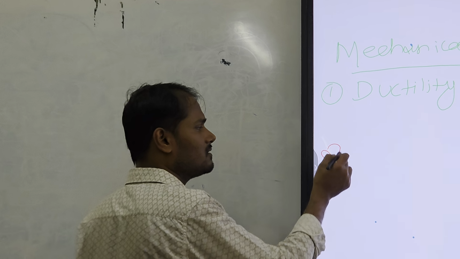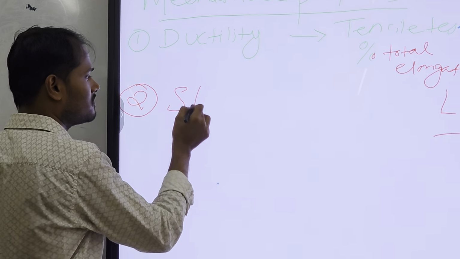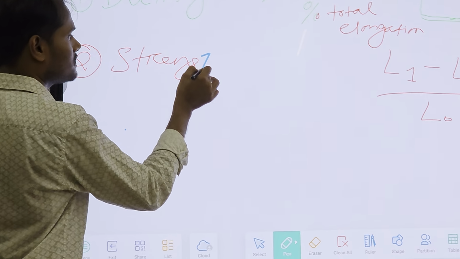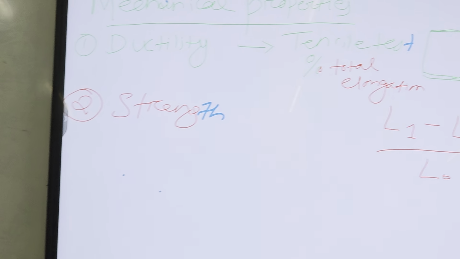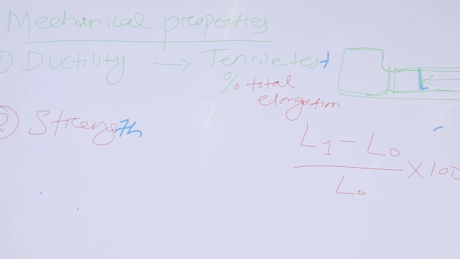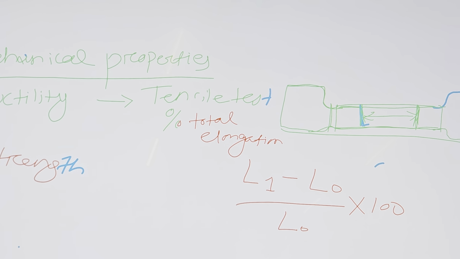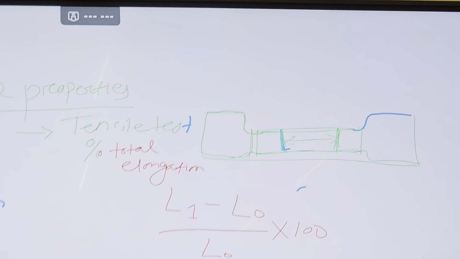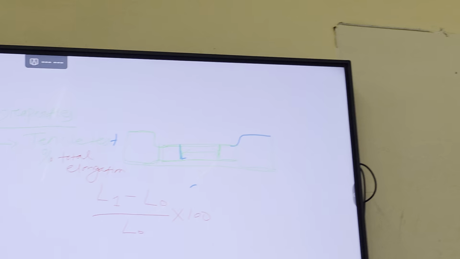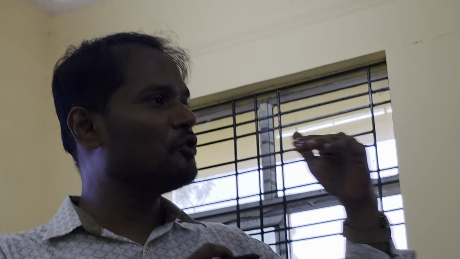Anyway, next is strength. Again, to know the strength, you have to do a tensile test. The tensile test will tell you about the strength of the material. So, what are the different strengths we can measure by doing a tensile test? What are the three different strengths? Yield, UTS, and fracture. Very good.